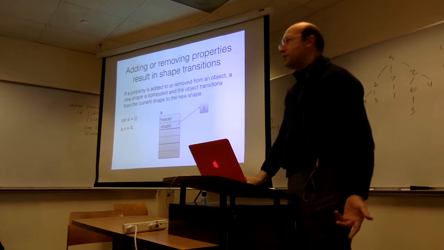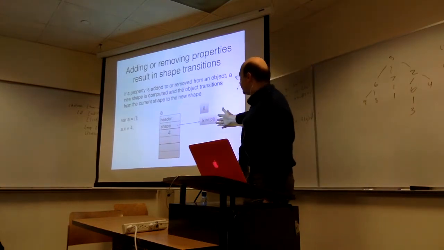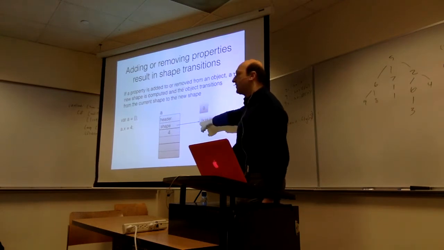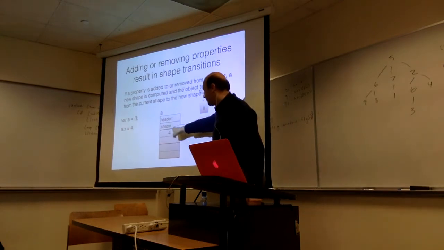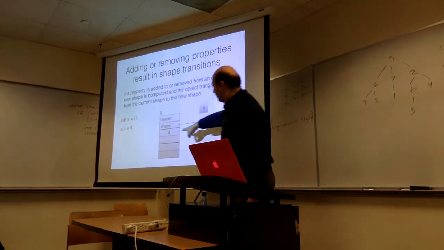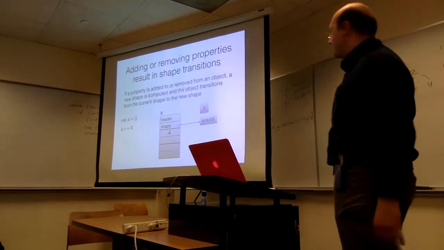Then as we write to a slot, the new shape will be computed that says, okay, this shape describes an object that has an X field that's an int, so it's stored in the primitive area, and it's the 0th index into that area. So in this case, that's where the 4 is put.